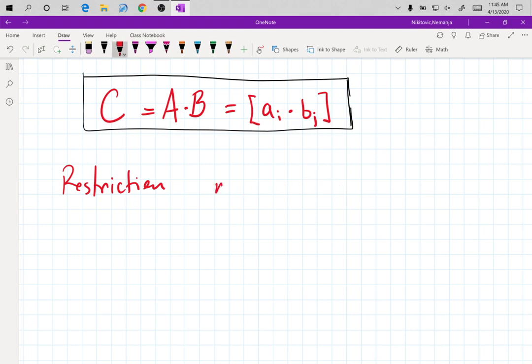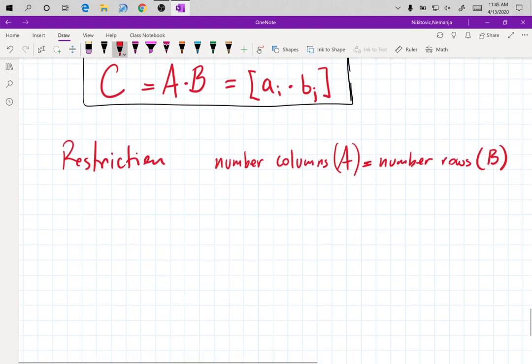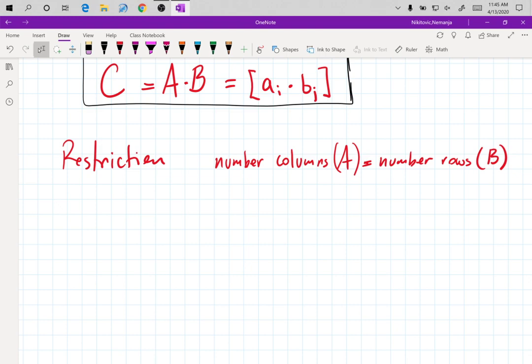Okay, no, it's the number of columns. The number of columns in the first has to be equal to the number of rows of the second. So the number of columns of A has to be equal to the number of rows of B. So that's our restriction.